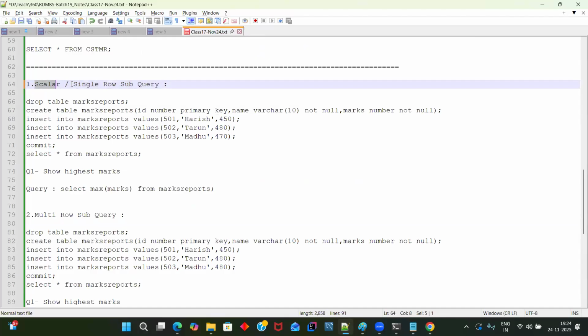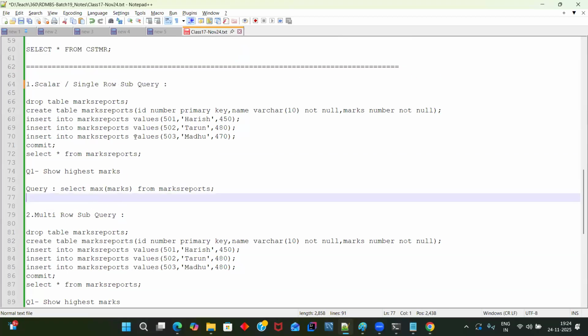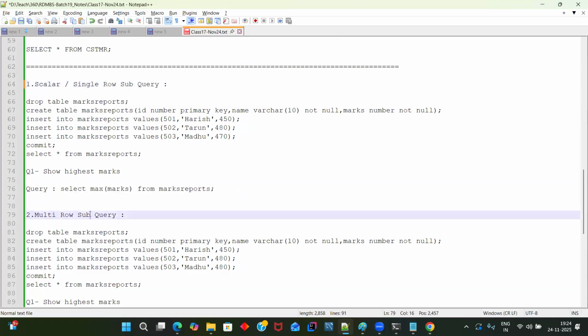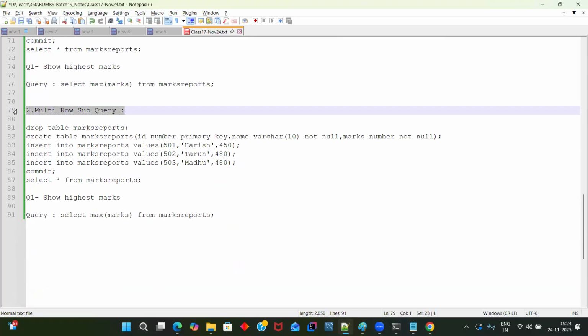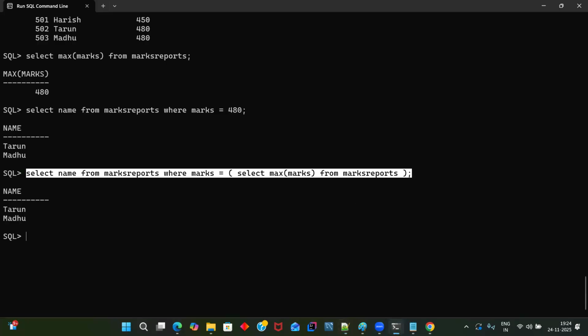The definition of scalar or single row means your subquery will return a single row, guys. Whereas the second category is multi-row subquery. A multi-row subquery is a query which will return multiple rows, nothing but more than one row. Maybe I can take you to the same example.